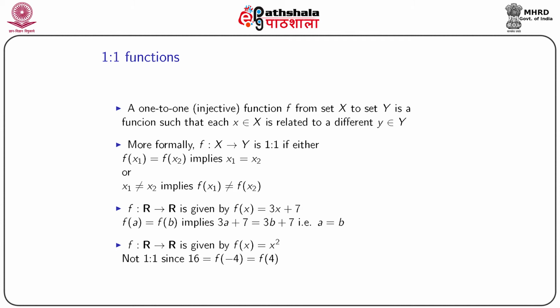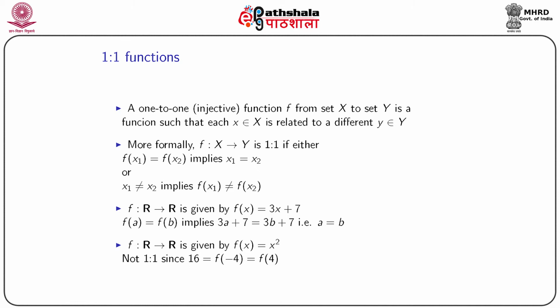Now if we consider another example where f(x) is x square. Here also we have the same sort of mapping from real line to real line. But probably this is not a one-to-one function. If you look at it closely, then f of minus 4 will result in 16, whereas f of 4 will result in 16 too.